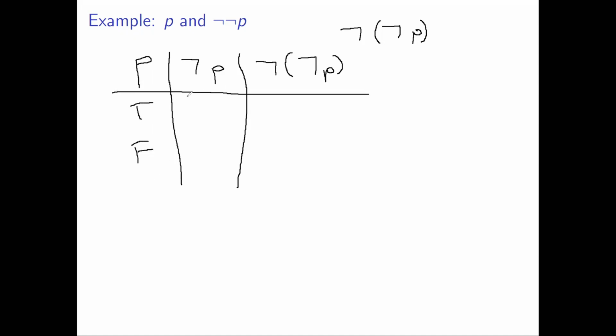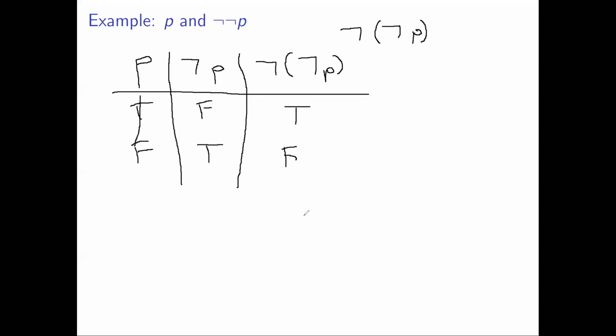And when P is true, not P is false. When P is false, not P is true. And then not not P. When not P is false in the first row, not not P is going to be true. And when not P is true, the second row, then not not P is going to be false.